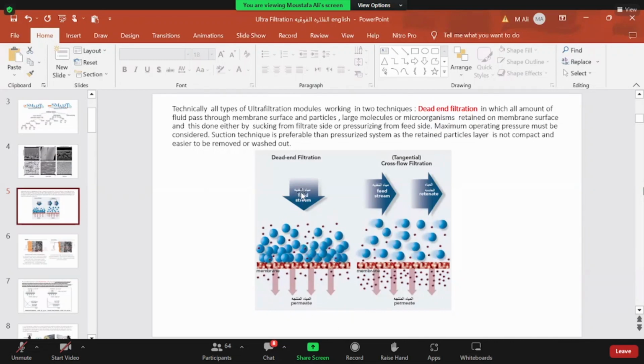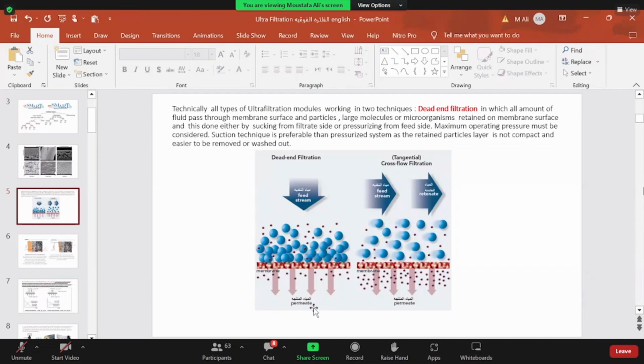This can work either by a pressurized system, which means pressure is applied to the feed water from the feed side, or by sucking, where the feed side will be pressureless and the permeate or filtrate side should have negative suction.